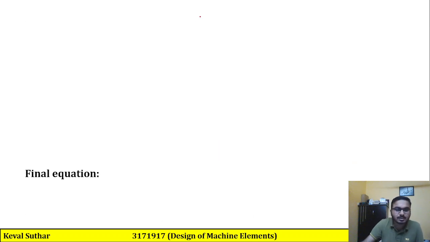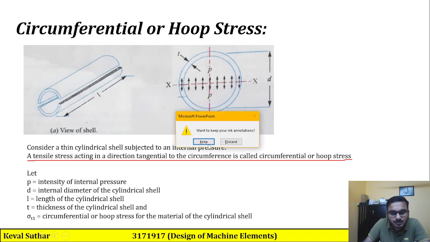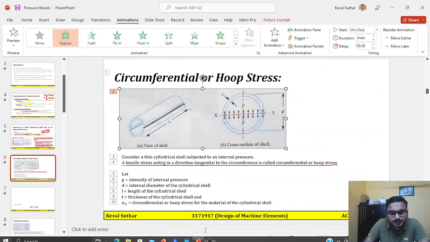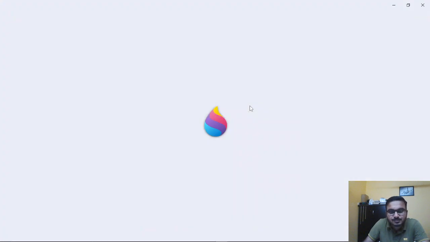So now let's prove this equation. For that we need to copy this into our whiteboard.